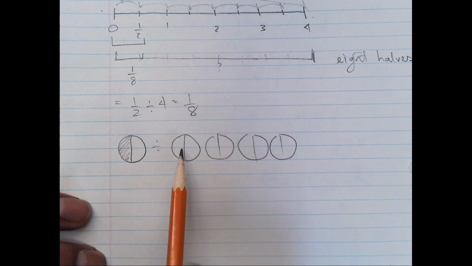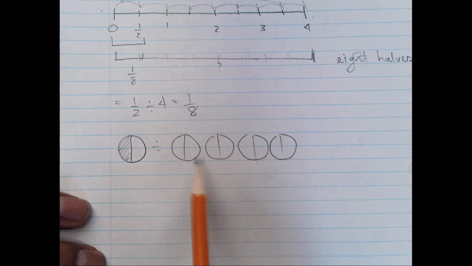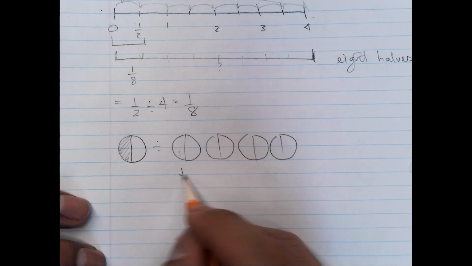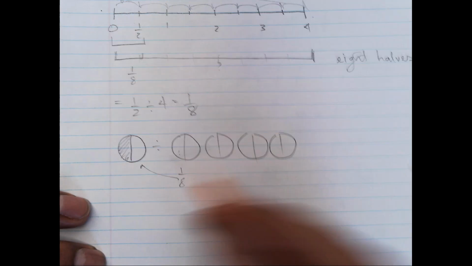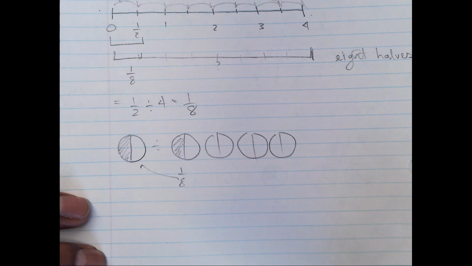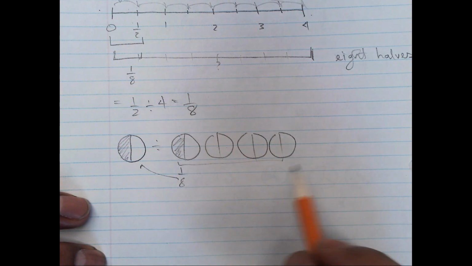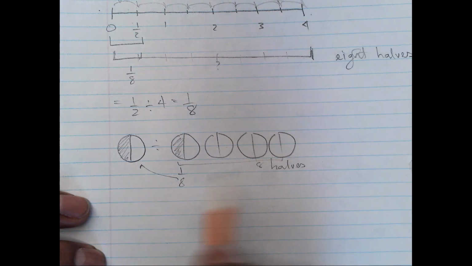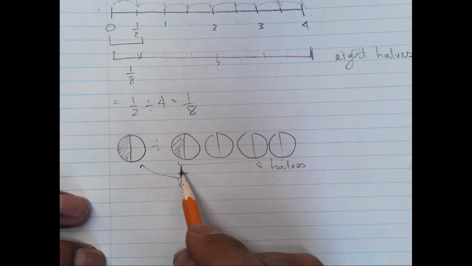We have 1, 2, 3, 4, 5, 6, 7, 8. How many of this can fit in there? Only one of these can fit in there. So only 1/8 can fit in there. You get what I mean? I hope. One of the 8. There's 8 halves in here. 8 halves. But only one can fit in there.